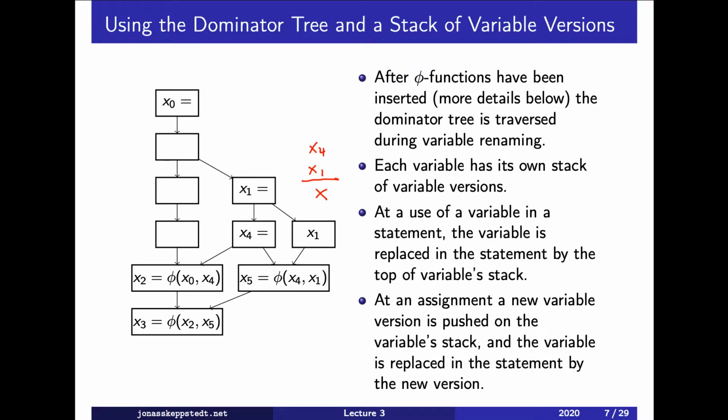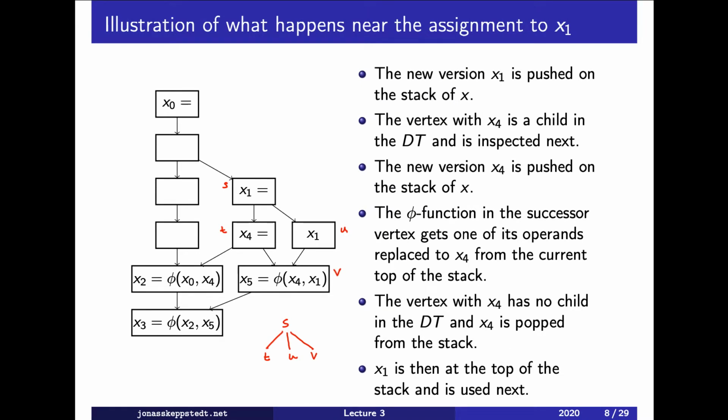Let's see the next slide. Here we have introduced names to the vertices. So this is a part of the dominator tree. S is the immediate dominator of each of these. So we can draw this stack again. And we have x1.